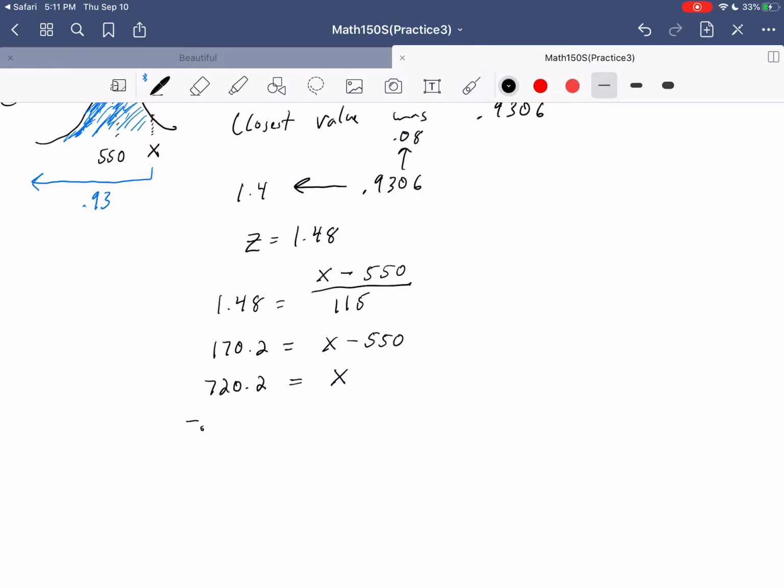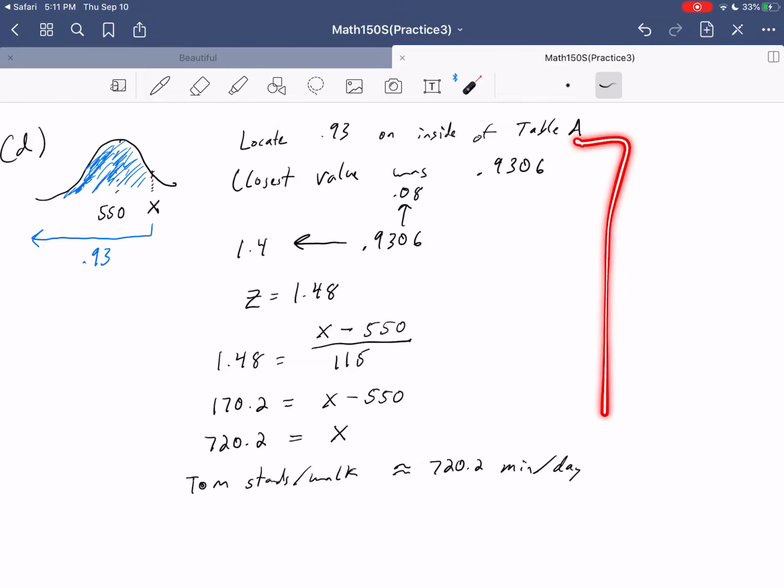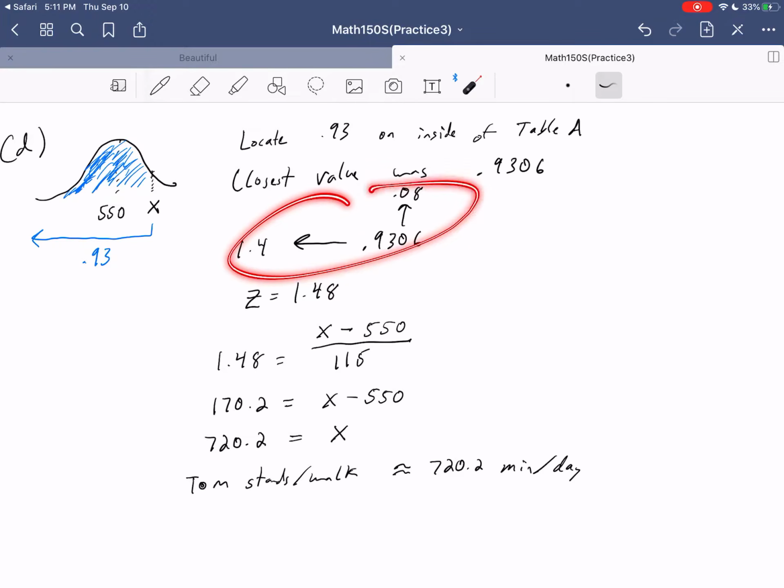Well, that means Tom stands or walks approximately 720.2 minutes per day. So there we go. We were able to actually find the value of the variable for this individual based on their percentile rank. We called all of this the reverse process, right? Where instead of trying to find the percentage, we knew the percentage, we used the percentage to get the z-score, and then we solved the z-score formula to actually get the value of the variable.